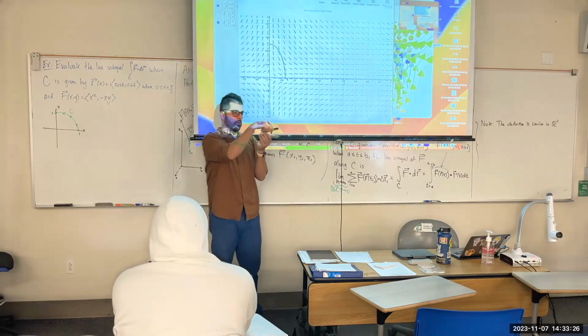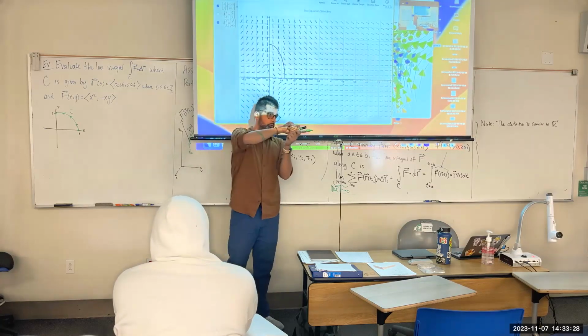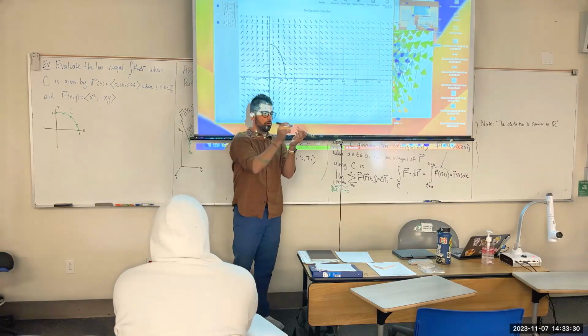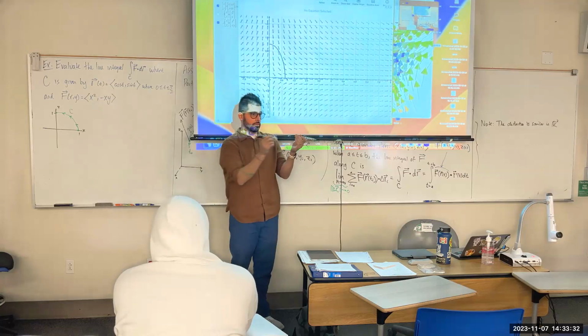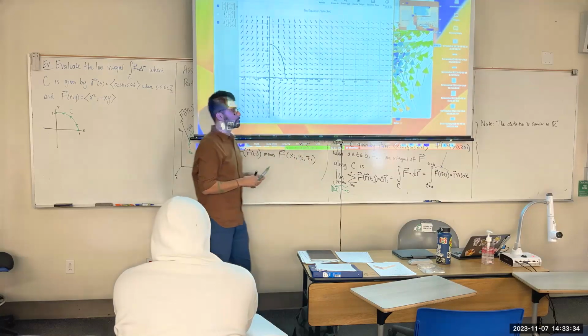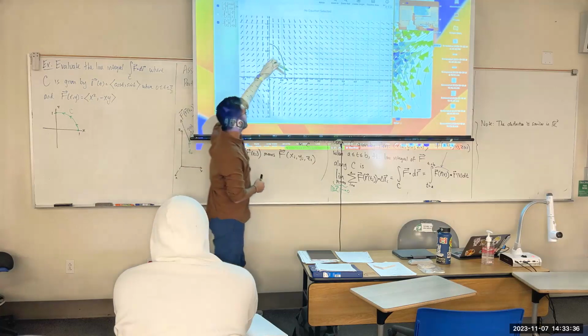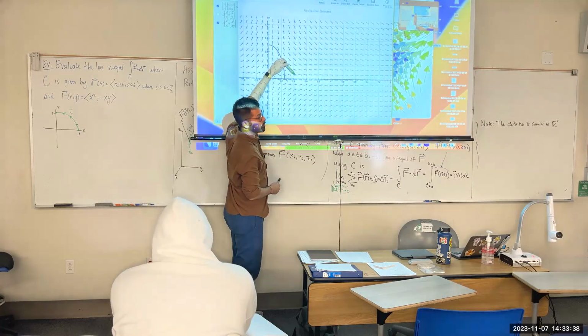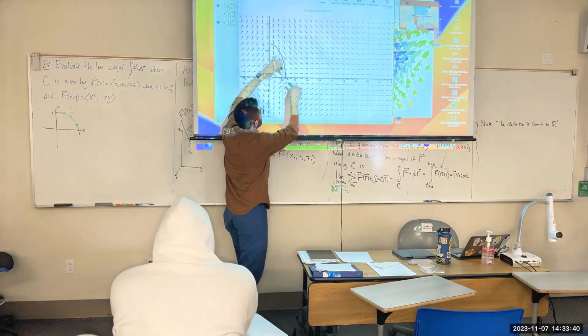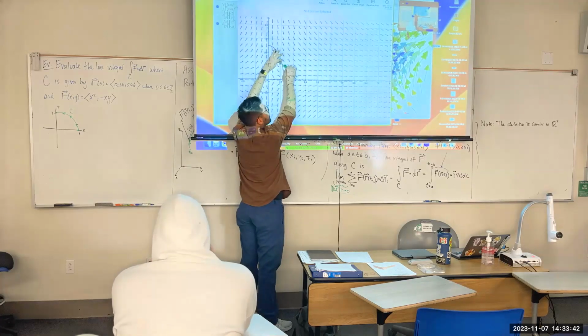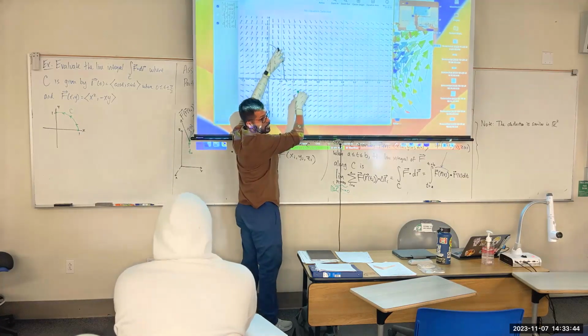So that angle theta will only either be 0, where it's literally pointing in the same direction, or pi, where it's literally pointing in the opposite. So if you got your vector field vector going this way, but then you have the tangent vector going that way, that angle is bigger than 90, so it's negative.